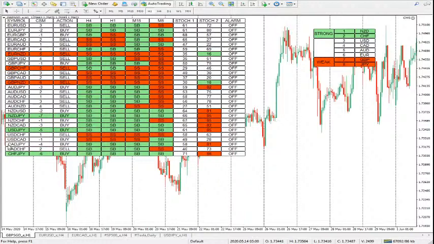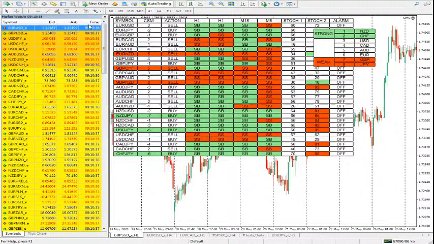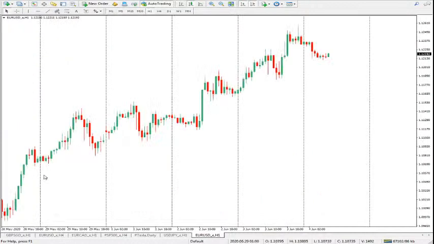So let's look at what we have on the main symbols. We'll start off with Euro USD. So far this is what is happening. We have an active uptrend. As you can see, the price continues to move to the upper side, and you can see that there's this impulsive move to the upper side.